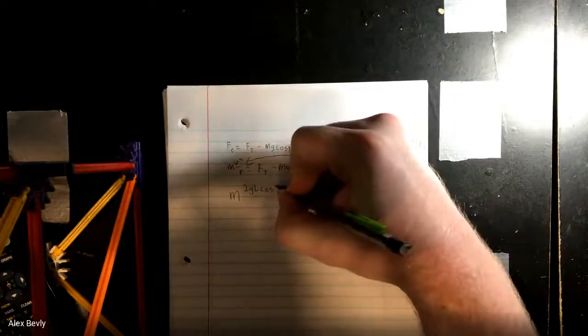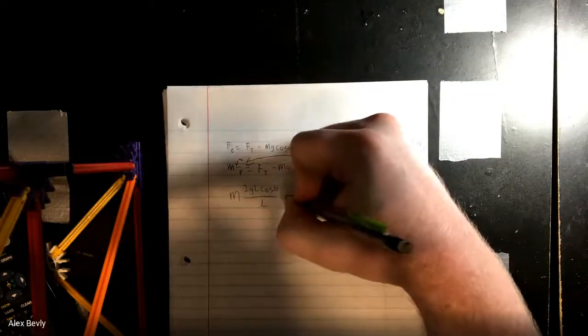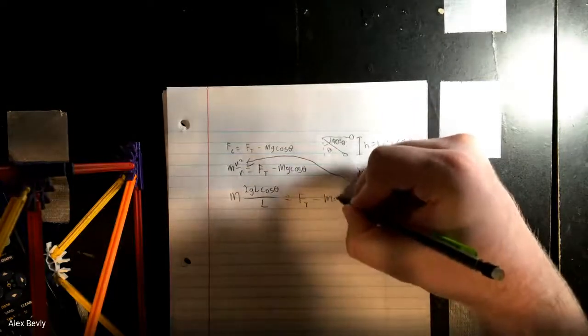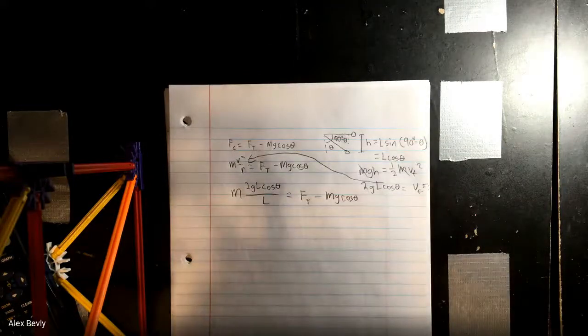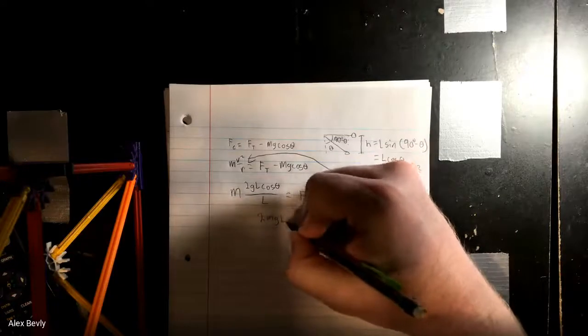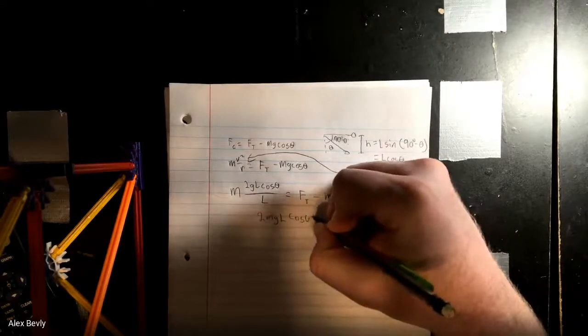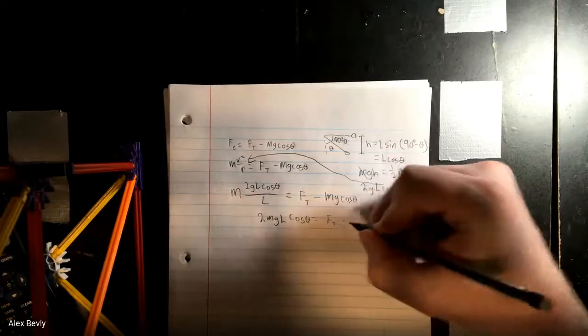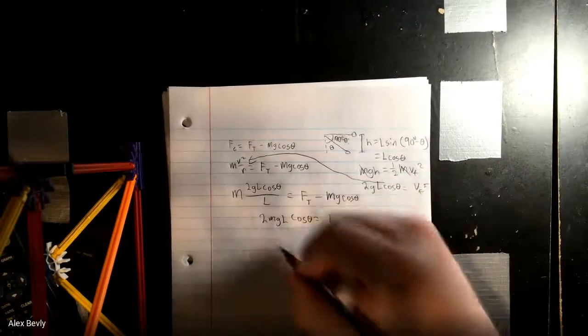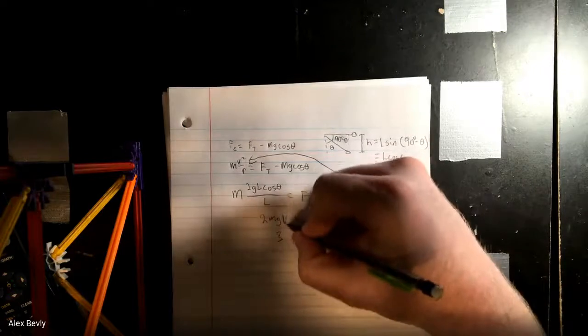So m times 2gL cosine theta divided by L equals tension minus mg cosine theta. Wait, no, the L went away.